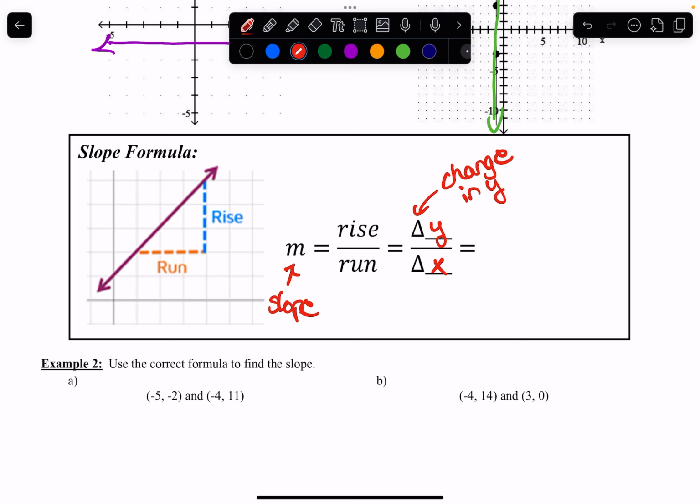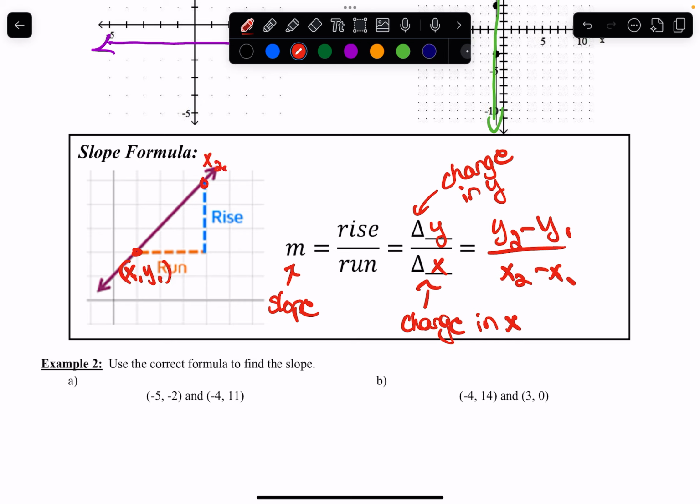So change in y, and this here is change in x. So we do y2 minus y1 over x2 minus x1. For example, here we can have the point x1, y1, and here x2, y2.